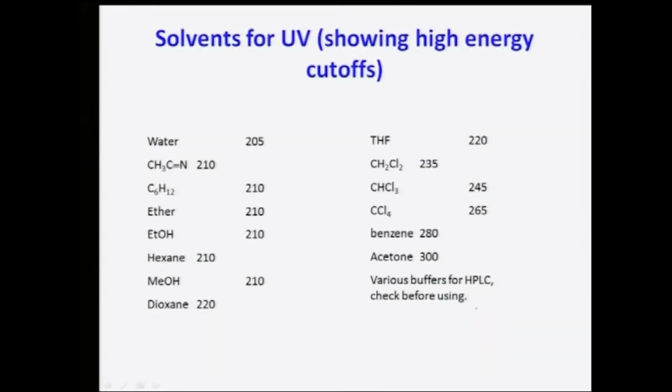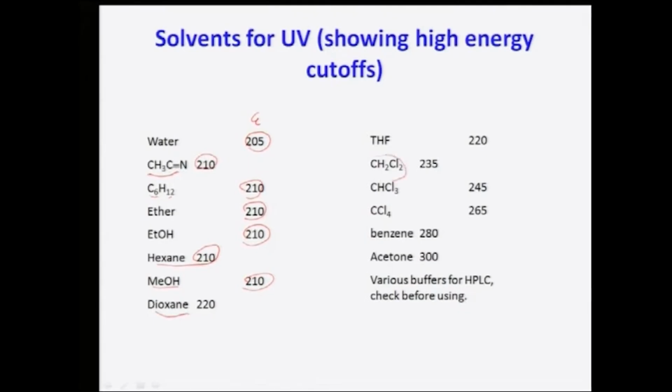What solvents are normally used for UV? Water has a very high epsilon, or you can use CH3CN, which has 210. C6H12, hexane, is 210, ether 210, very small; ethyl alcohol 210, methyl alcohol 210, dioxane 220.